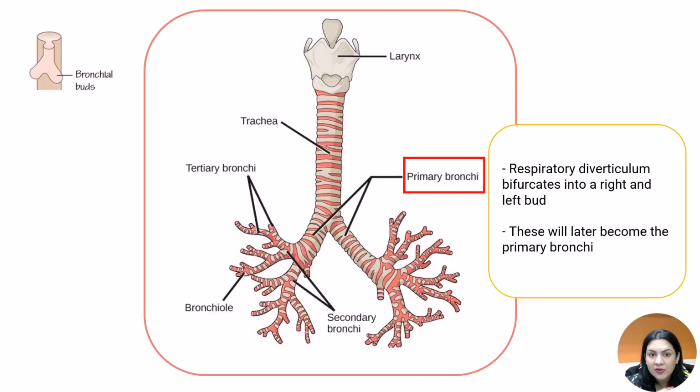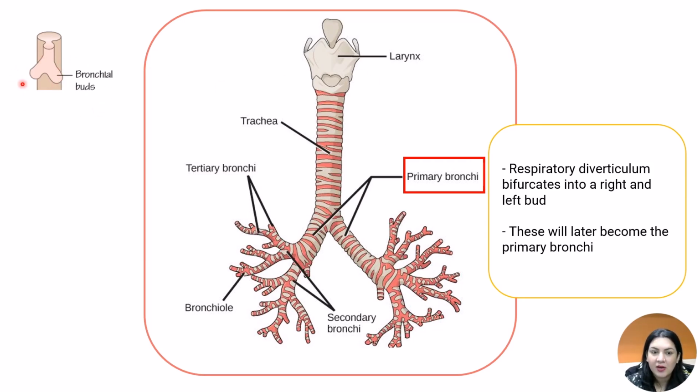As this process of development unfolds further and further, the respiratory diverticulum, where you already have that separation, is going to undergo a bifurcation. And when it bifurcates, it's going to result in two distinct buds. This is what you see before it gets to this developed stage over here.